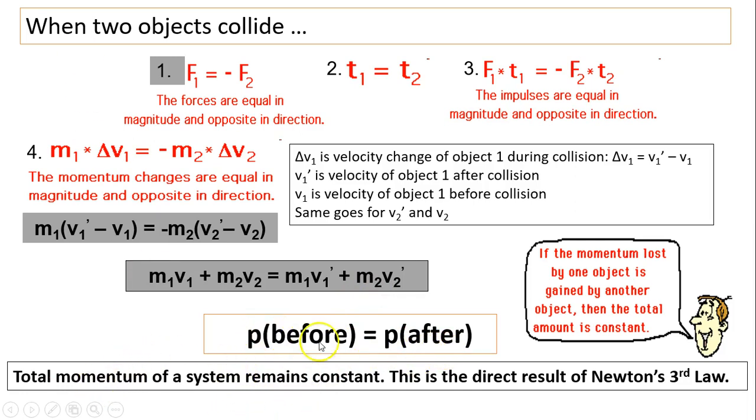That means the total momentum of the system remains constant. This is the direct result of Newton's third law, F1 equals negative F2. If the momentum lost by one object is gained by another object, then the total amount is the same. So the equation says m1 delta v1 equals negative m2 delta v2. That means what is lost by one equals what is gained by the other.